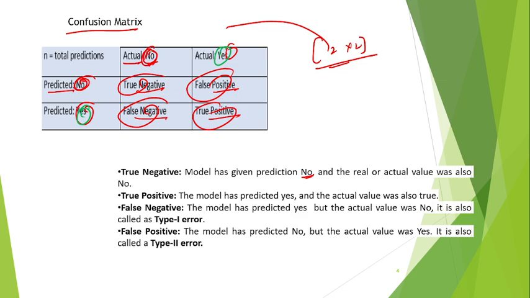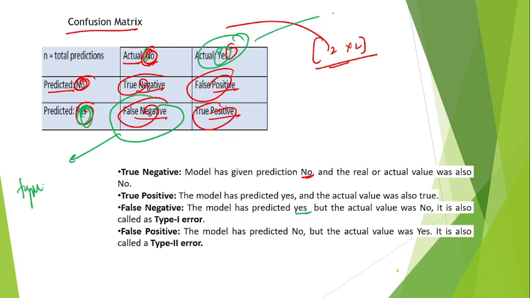False negative: the model has predicted no, my actual value is yes, and this is also called type 1 error. Do remember what is type 1 error? It's false negative. What is type 2?